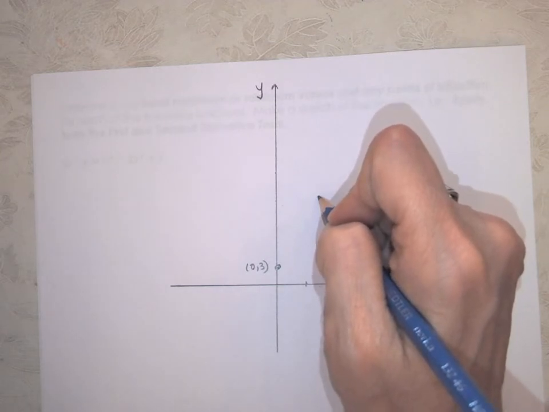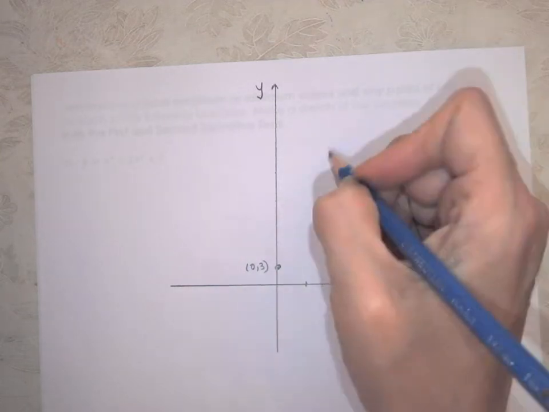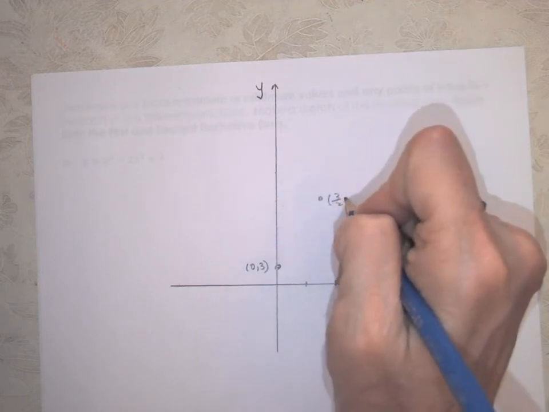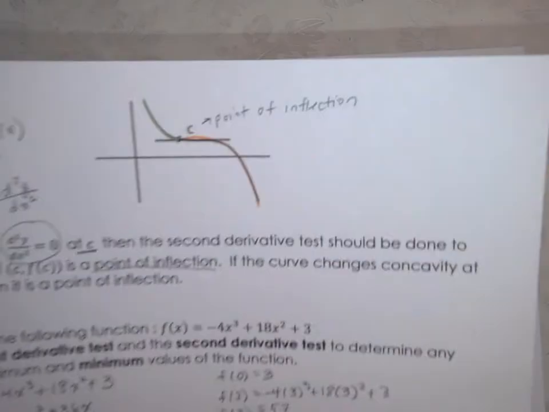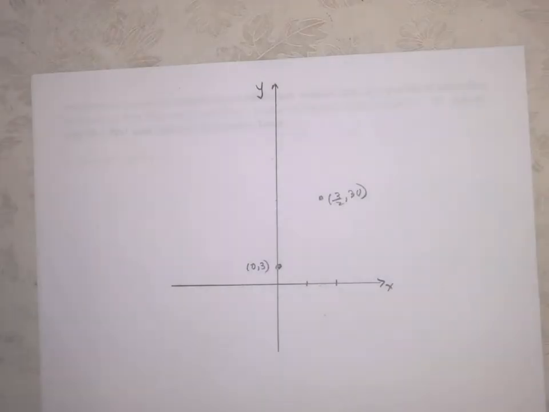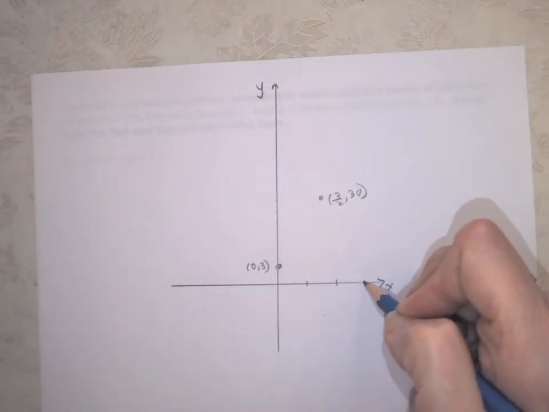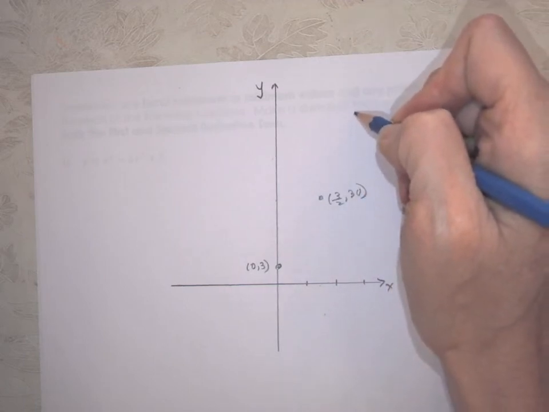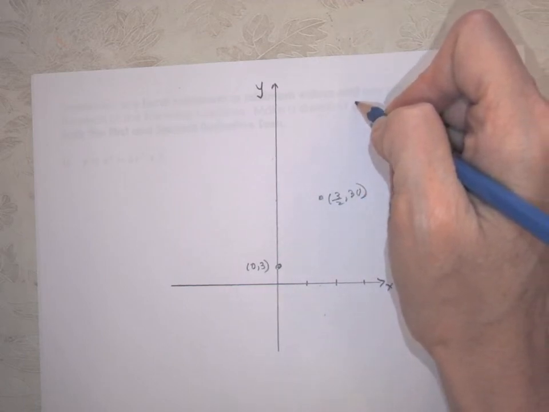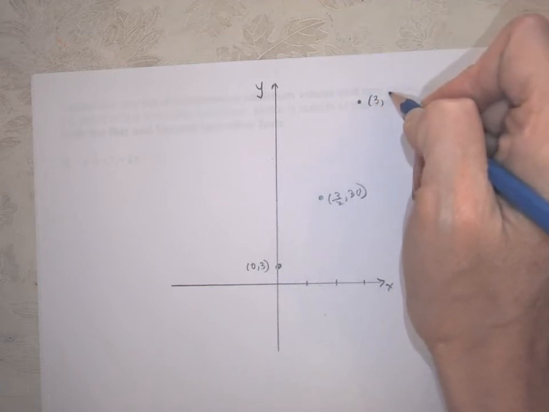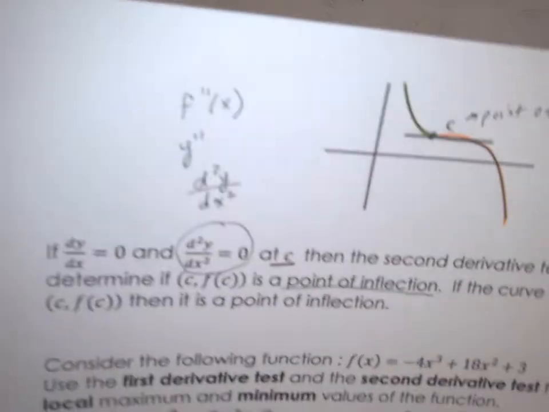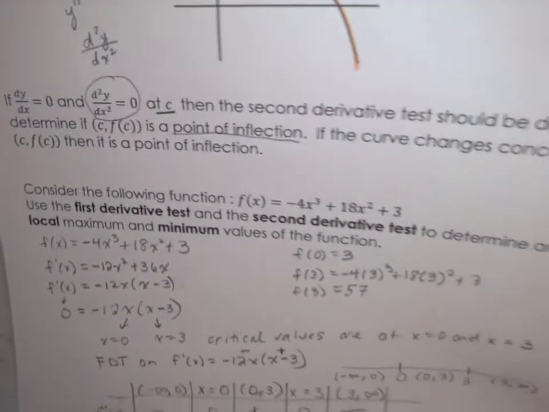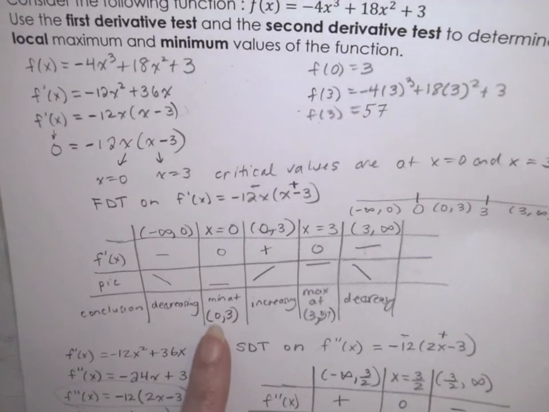So we'll call that 3/2 and 30. And then we've got this point at 3 and 57 as well. So 3 and 57.